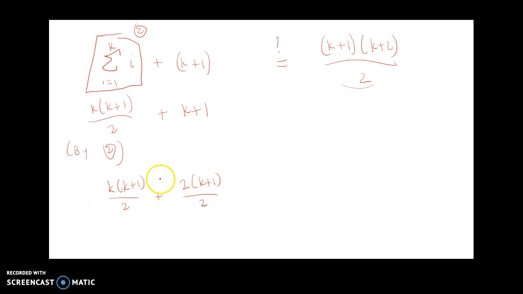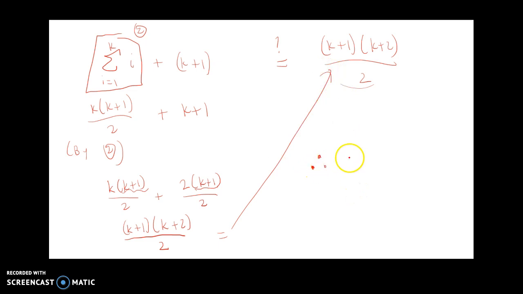Still the same fraction, but now I can add these together. First of all, both of these terms involve a k plus 1, so I can factor out a k plus 1 term from both of those, and what I'm left with is k plus 2. I've factored out this term from the numerator, and I have k plus 1 times k plus 2 over 2, which gives me the same answer as what I was expecting.